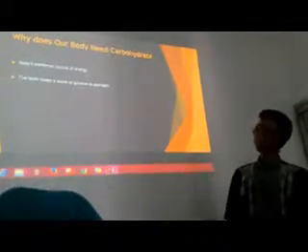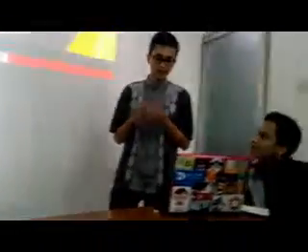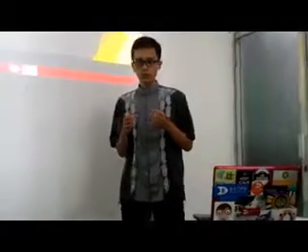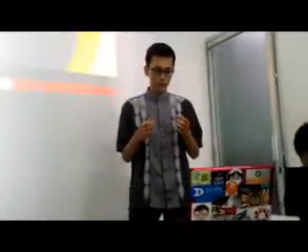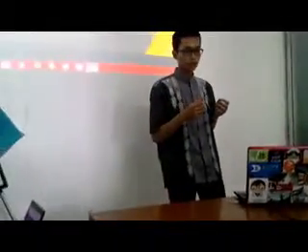Why does our body need carbohydrate? Because carbohydrate is our body's preferred source of energy in the diet. All carbohydrates are broken down into glucose, which is essentially fuel for our body, especially for our brain.